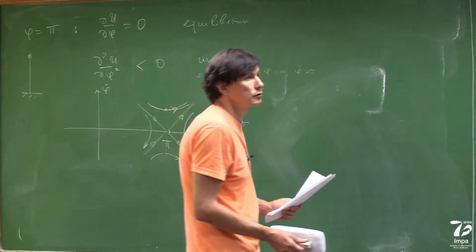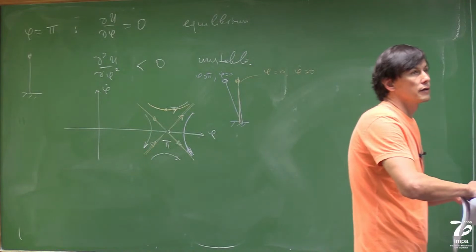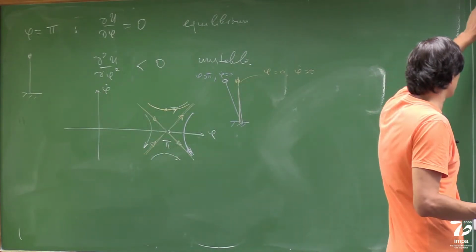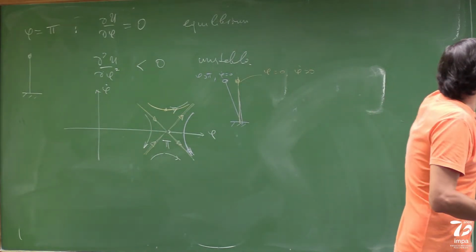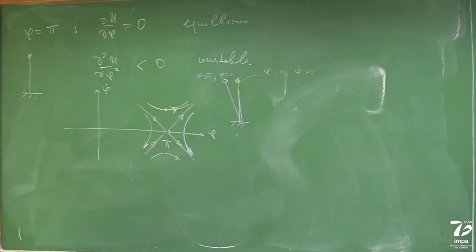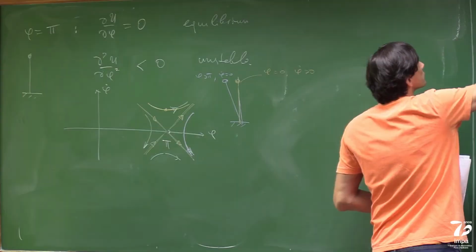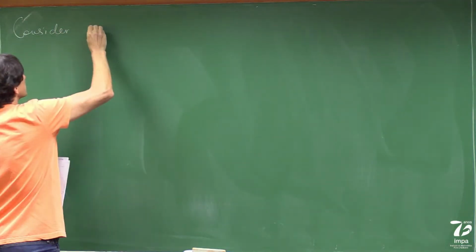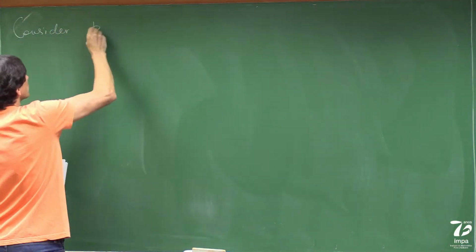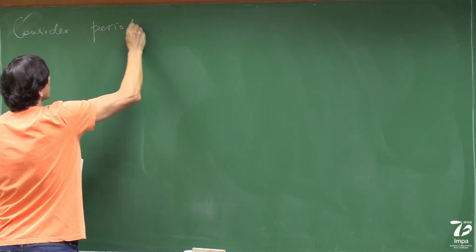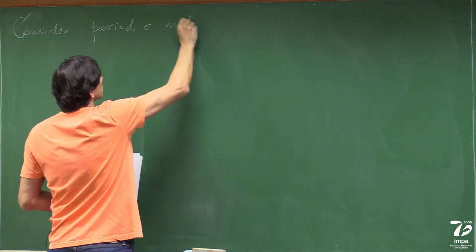So I think we don't have much time. So what we do at the last moment, we have to end up with a complete understanding of this situation. But the last step we do for today is let us consider a stable motion, so periodic motion.